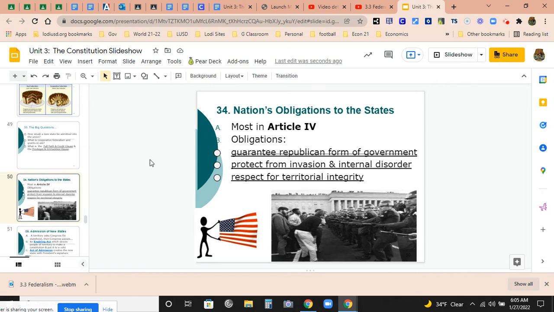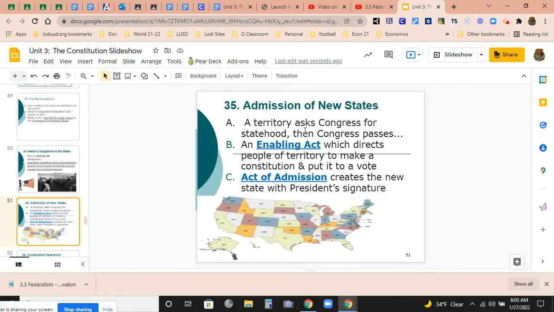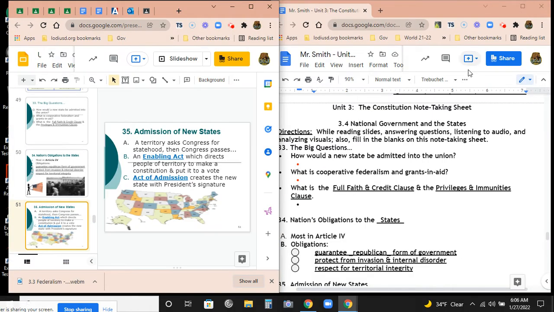Okay, what's next? Admission of new states. So how it works: some people in a territory reach out to Congress for statehood. This is what happened with Hawaii.